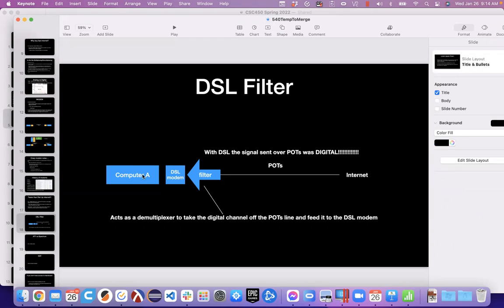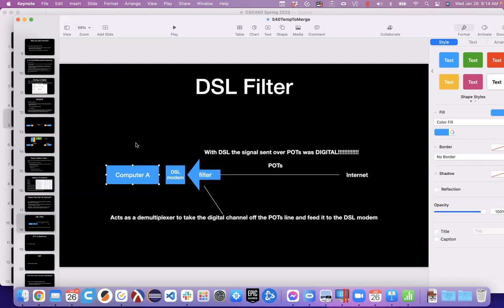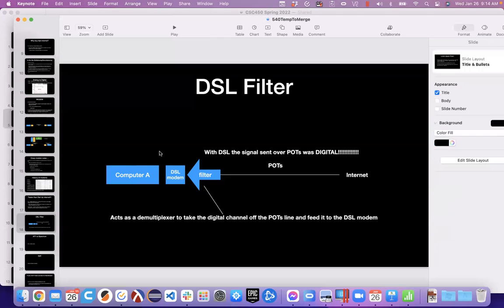Then this would plug into your computer, usually through an Ethernet cable to a network card, whereas dial-up modems plugged in through a serial port on your computer. Doesn't really matter one way or another. It's coming into an I/O port of your computer that is able to retrieve a signal, and then the software inside your computer is going to handle the rest. It's going to convert it into something that's usable.